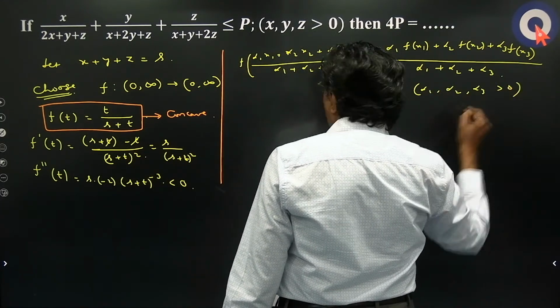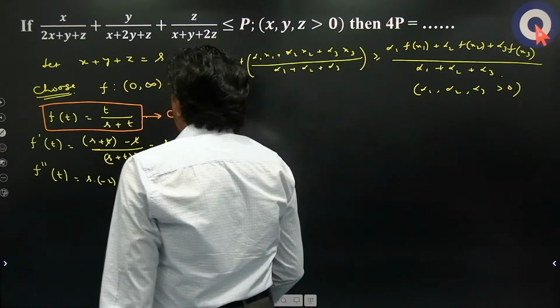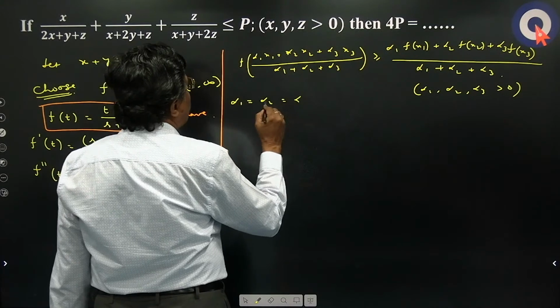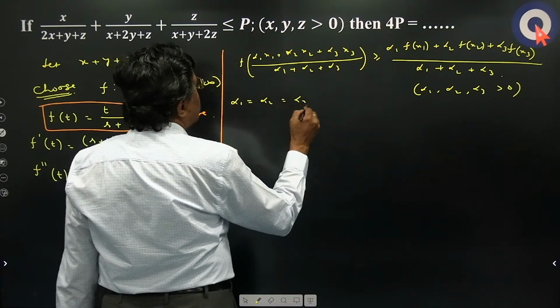So now how do we choose? I will choose alpha 1 is equal to alpha 2 is equal to alpha 3 is equal to 1.